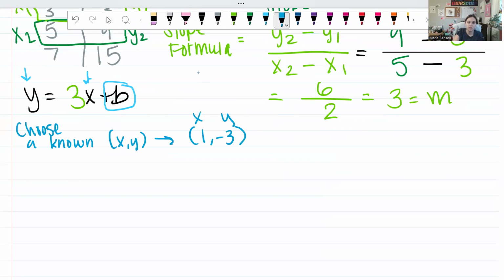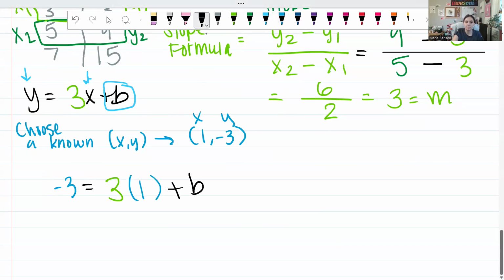So in my equation, y is -3, and we don't really need parentheses around that. And that is equal to our slope, or our m, times x, and x for this point is 1, plus our b value. So this is our y = mx + b.